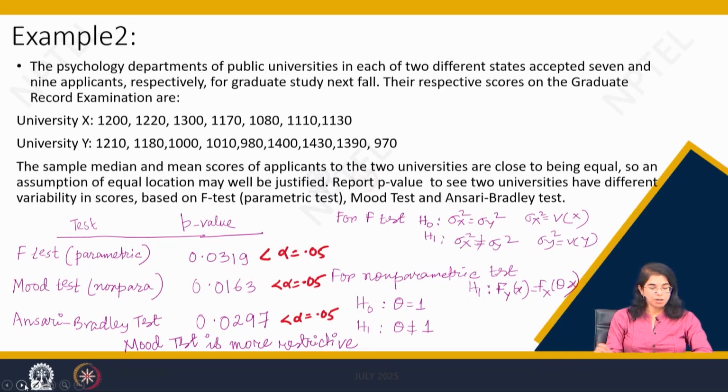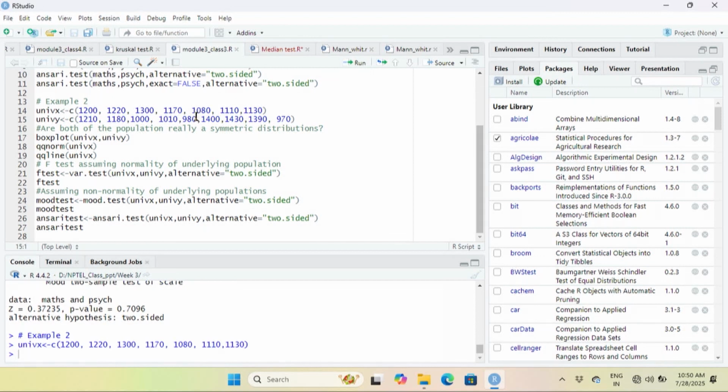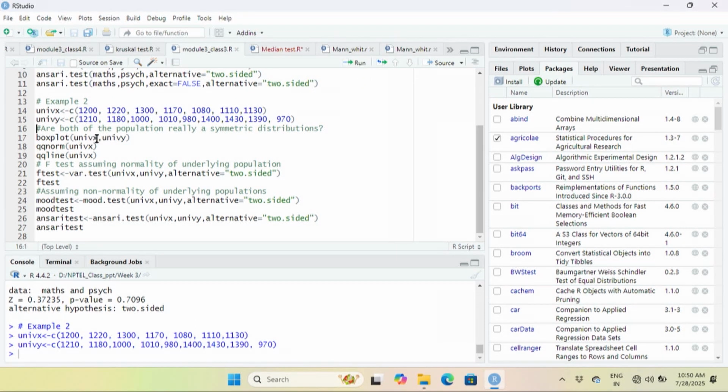For the mood test, once again, we have to go back to the R console. In the R console, example 2, you can see University X, University Y. Now the question is, are both of the populations really symmetric distributions?